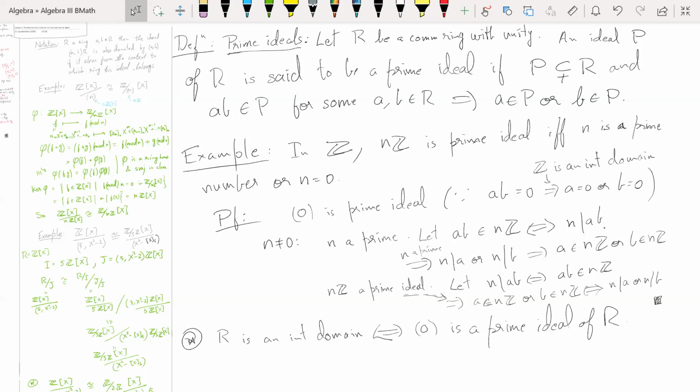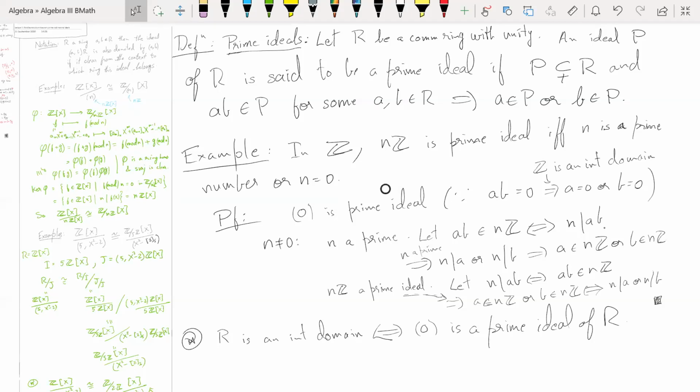So let's just check that the 0 ideal is indeed a prime ideal. So we'll check that 0 and pZ are prime ideals, and then we'll do the other direction as well. So 0 is a prime ideal means, to check that, we have to check this definition. So it's of course a proper ideal.